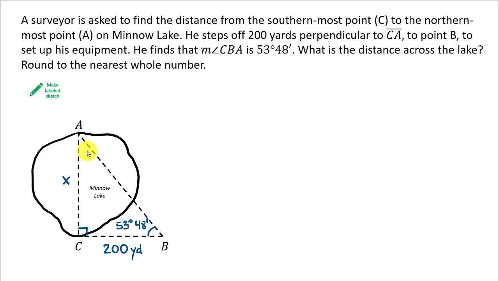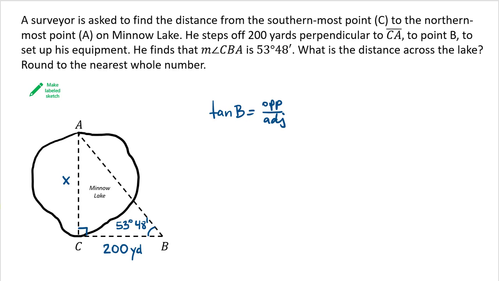What we need to find is the opposite side of the known angle. Okay, so what trigonometric function involves the adjacent side and the opposite side? That is the tangent function. We know that tangent of angle B is the opposite side over the adjacent side.